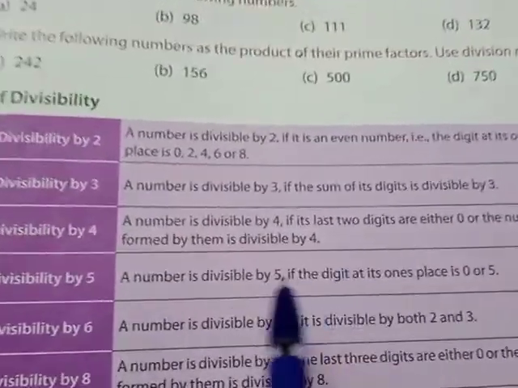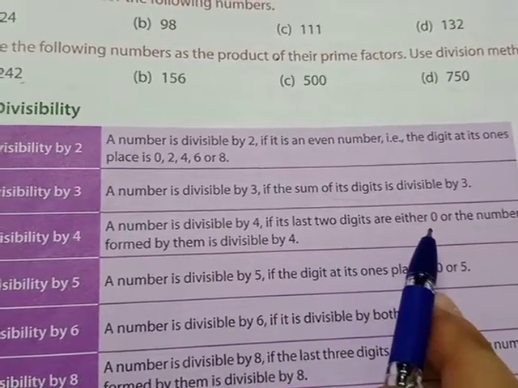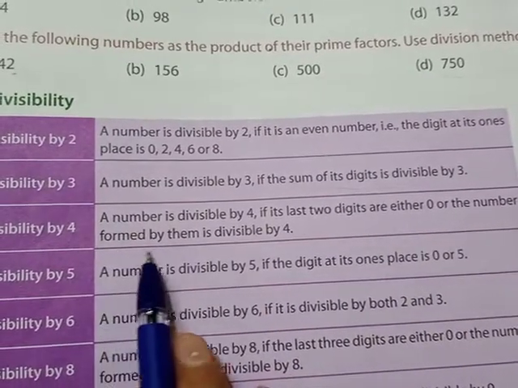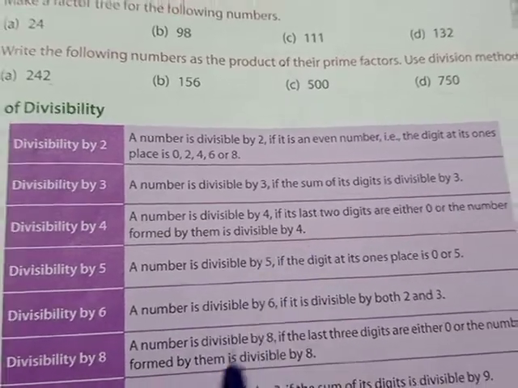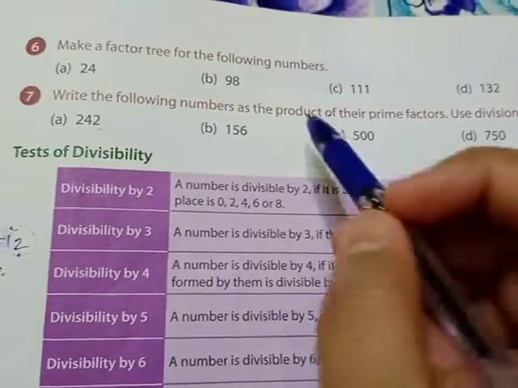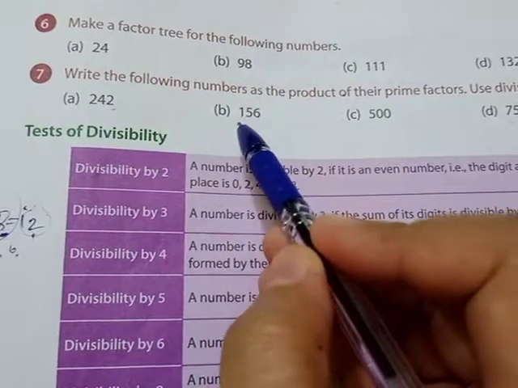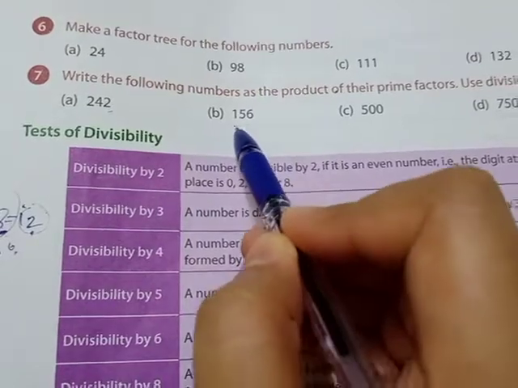Pay attention carefully. A number is divisible by 4 if its last 2 digits are either 0 or the number formed by them is divisible by 4. Divisibility by 4. If it is asked to write the factors of 156, how can you say 4 is a factor of this number?